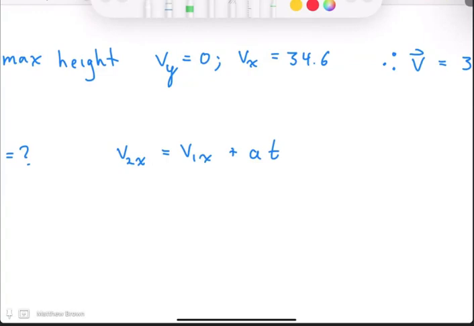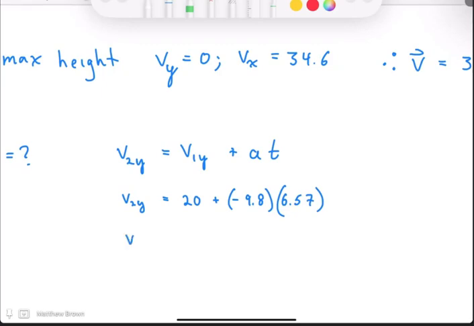Sorry, I just realized I made a silly mistake. I think we're looking in the y direction. X we're pretty good with. And so that means v2y equals v1y, which we said was positive 20, plus negative 9.8 times the time, which we said was 6.57.